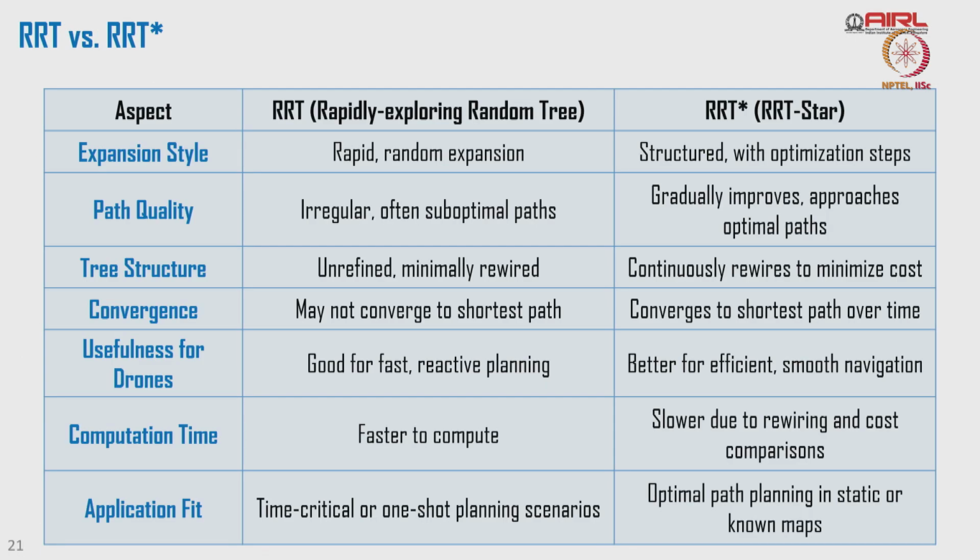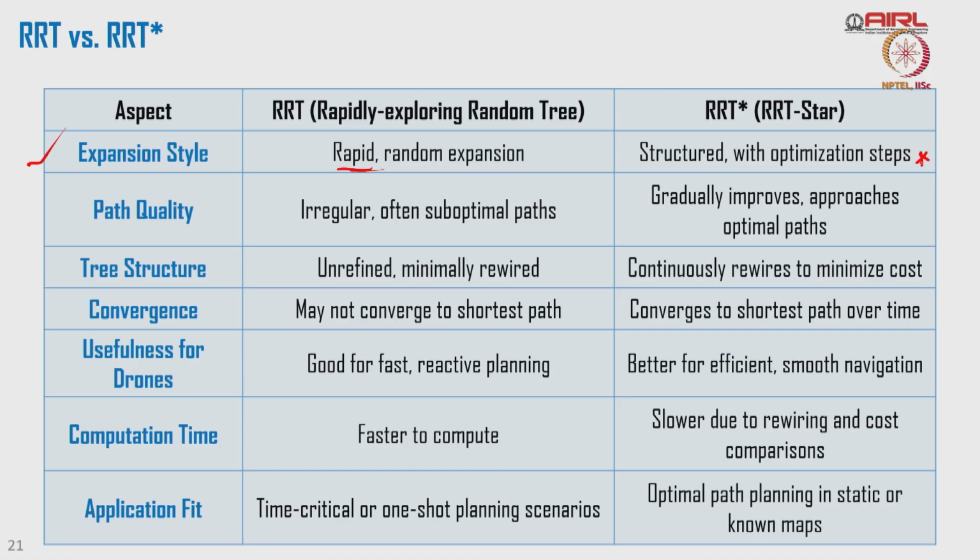Now, we see what is the difference between RRT and RRT star. Fine. So, you see the first point is expansion style. Both are of course selecting the node in a sampling based method. But what happens in RRT is that it is rapid and random expansion, whereas RRT star with the two major steps of parent selection and rewiring becomes more structured with optimization steps.